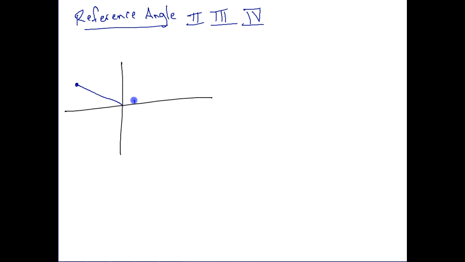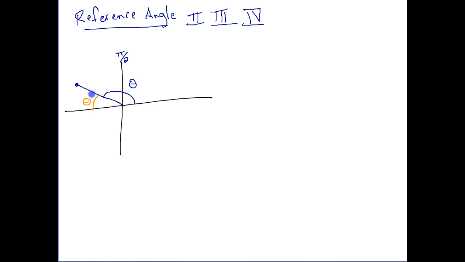Okay, now this is theta. And theta is bigger than pi over 2. Okay, this is pi over 2 right here. And so we're bigger than pi over 2. But we could still represent this same thing, and all the trig functions act very similar to the same angle that we have right here.